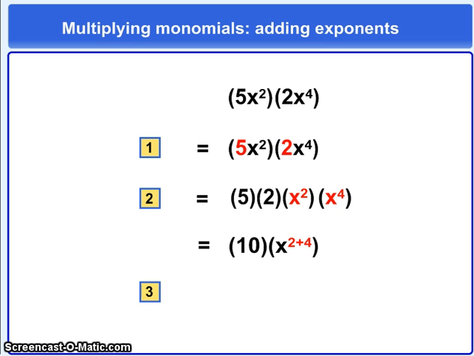But because both base values are an x, we actually have a shortcut in that we can take our exponents 2 and 4, add them together, and keep that same base of x. Putting it all together gives us an answer of 10x to the 6th. So pretty easy to do.